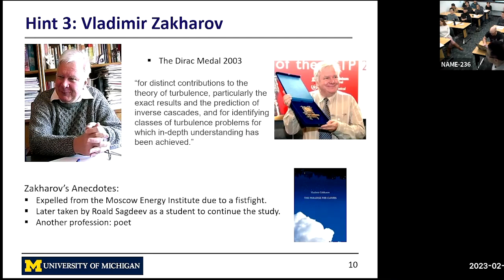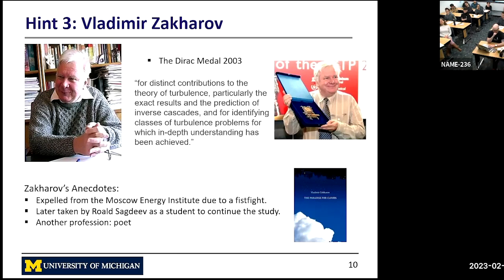So something about Zakharov. When he was young, not that young, he was expelled from the Moscow Energy Institute, which is his first university, due to a fist fight. What happened is that he had some eye problems, and some students probably made fun of him, and that resulted in a fist fight, and he was expelled.